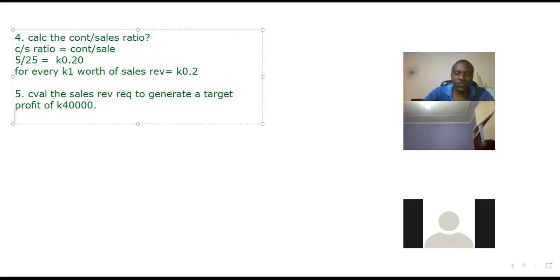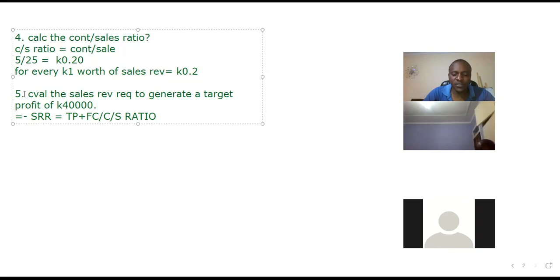So here, sales revenue required will be equal to target profit plus fixed costs, over the CS ratio. Did you see that? Over the CS ratio.